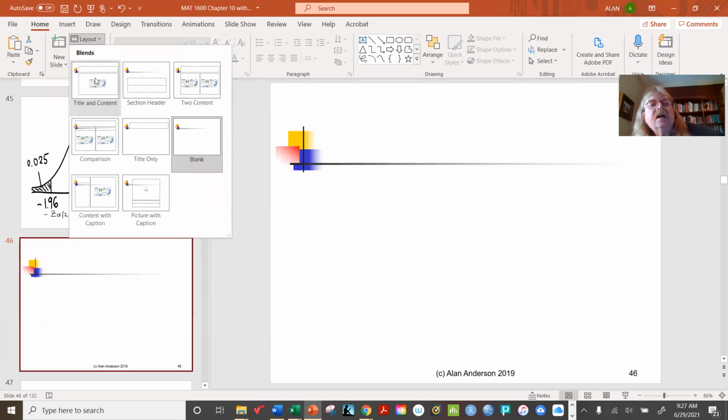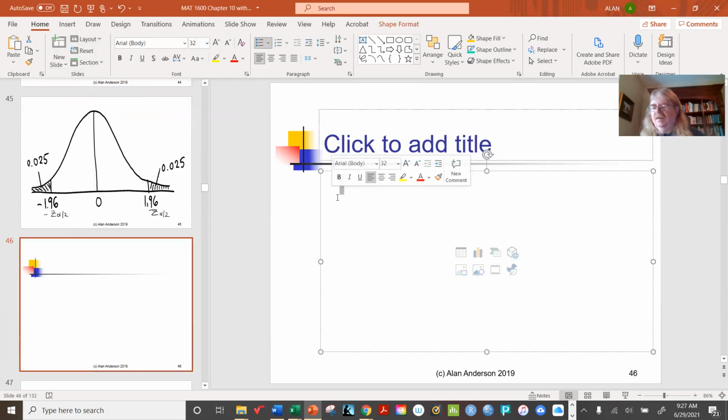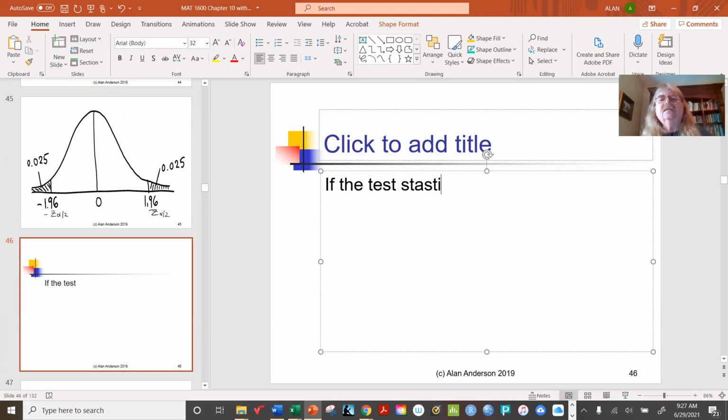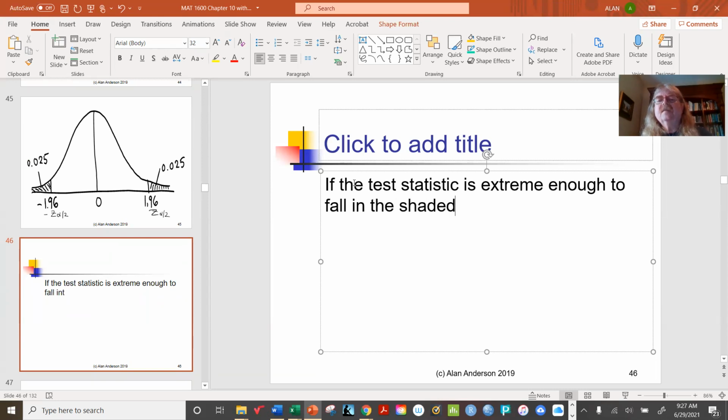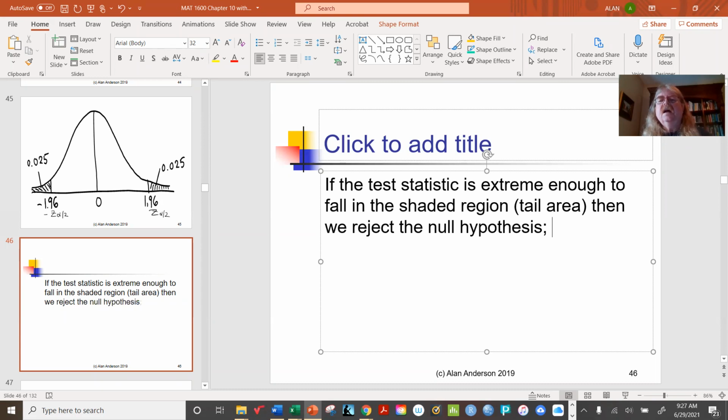So the logic behind what we're doing here is this: if the test statistic is large enough, or I should say extreme enough, because it could be negative as well, to fall in the shaded tail area, then we reject the null hypothesis. Otherwise, we do not.